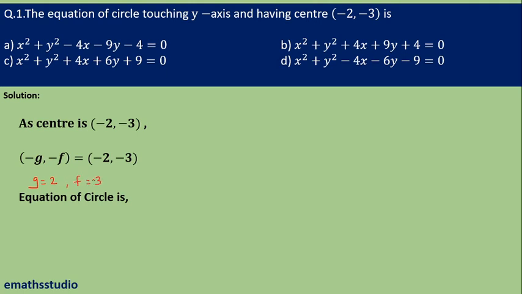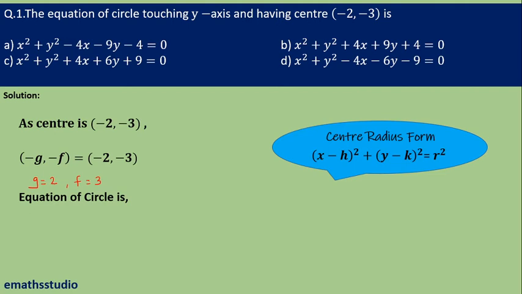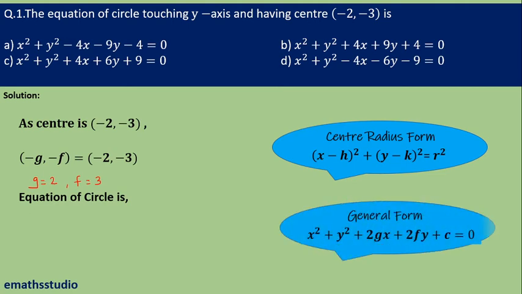Now, how can I write the equation of the circle? To write the equation of the circle, I have two options. One can use the center radius form, as I know the center; I have to just find the radius. Or I can use the general form. In both cases, only one term is unknown.